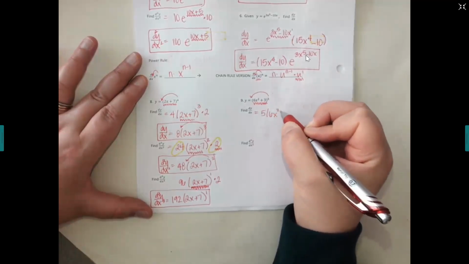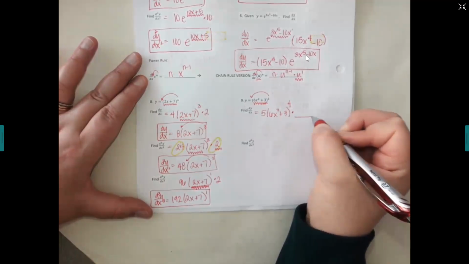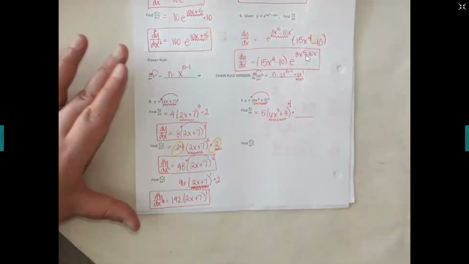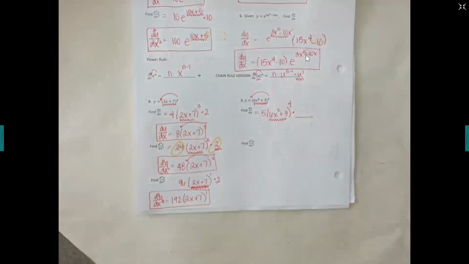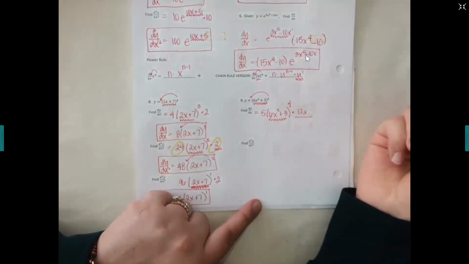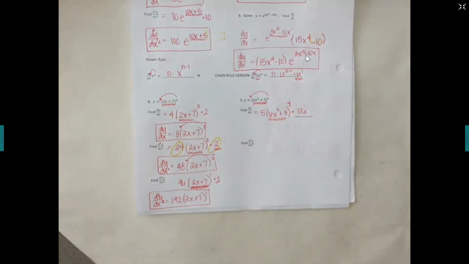My 6x squared plus 3 is going to be to the 4th power now times. And then I have to take what this center core is, multiply its derivative at the back. So if it was a 6x squared plus 3, my derivative would be a 12x. Remember that your plus 3 is going to fall off because it's a constant by itself.